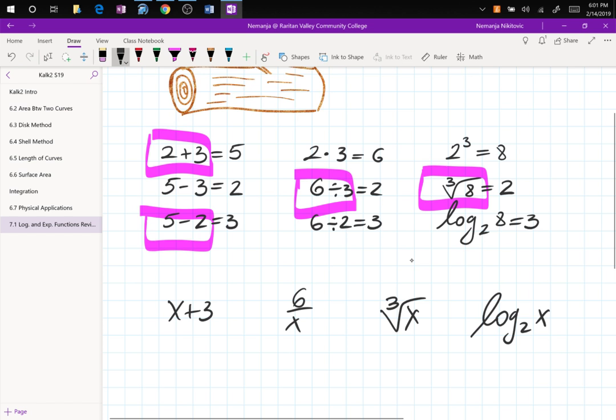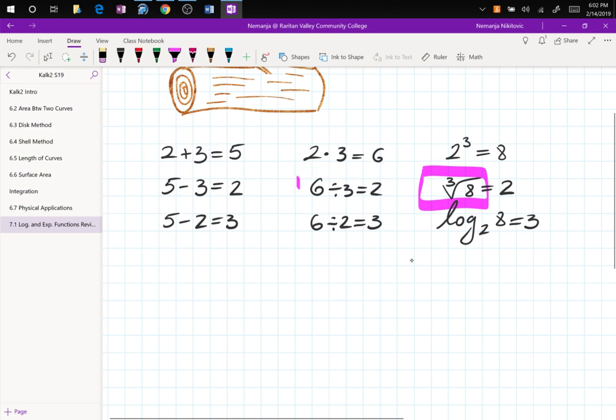So logs are not functions out of the box, right? That's not what it is. It's an operation between two numbers. You can create a function by replacing that number 8 with a variable x, in which case it becomes a function. So that's where the logs fall with calculation and arithmetic and algebra in terms of functions.